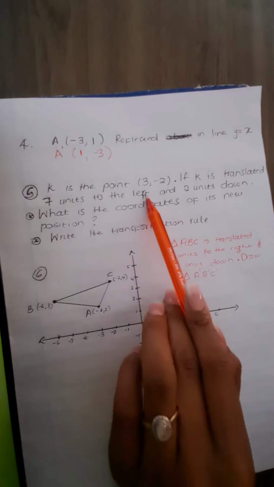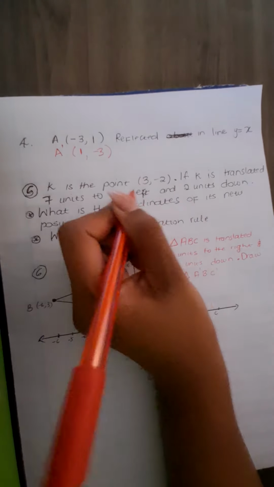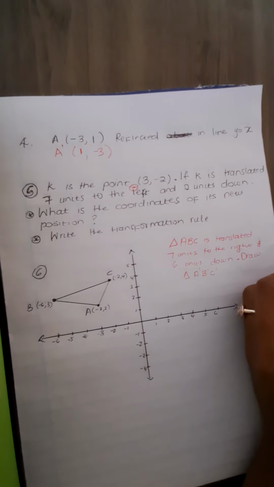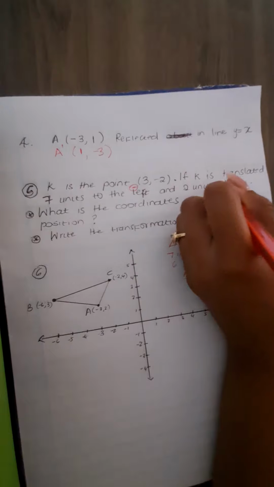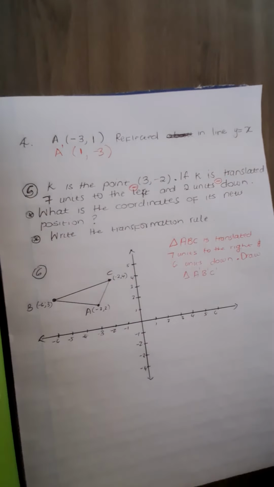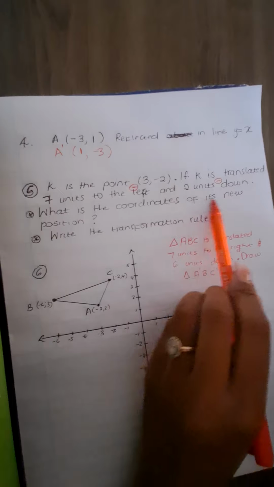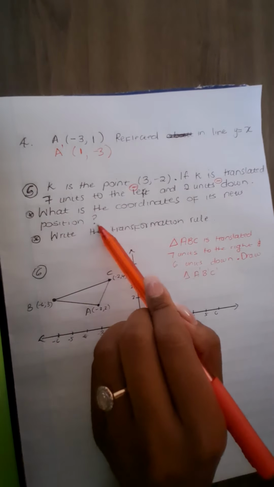So immediately when we see left, we know it is the x values, it goes with the negative, and then 2 units down, we also know y coordinates, which is negative. Then they are asking us what is the coordinates of its new position.